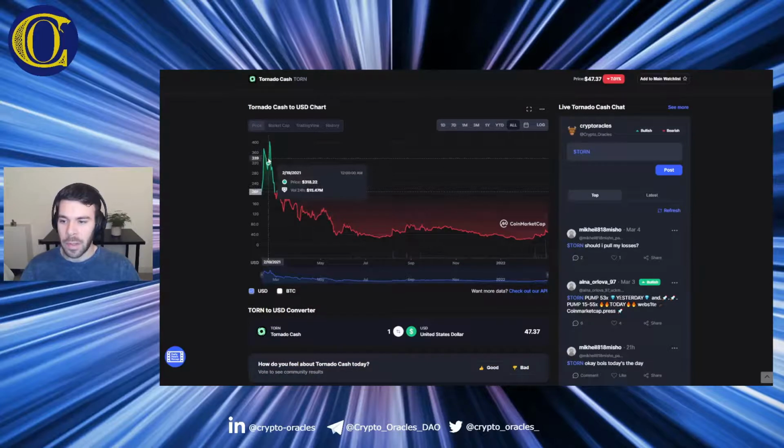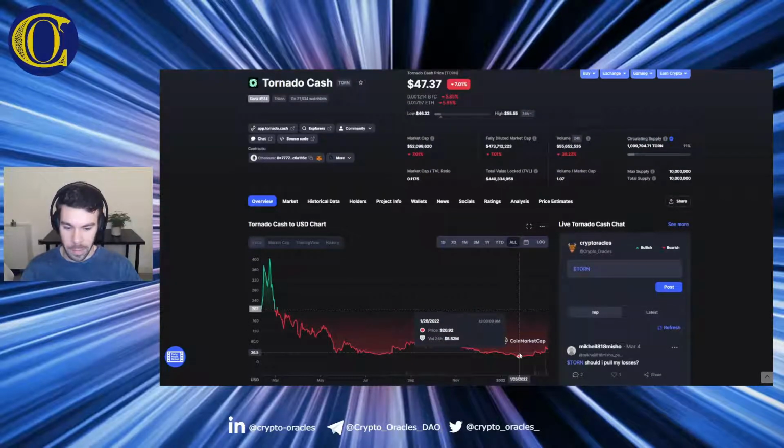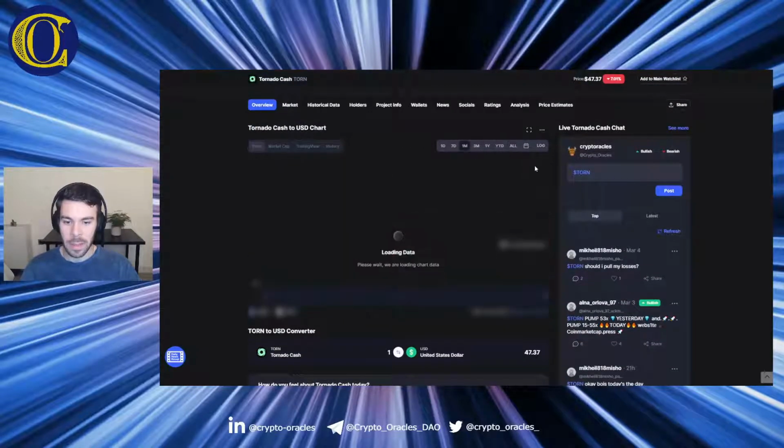If you look at the chart, when they launched, they were priced at $400, and I think their historical minimum was somewhere around $20 just a few months ago. As of today, it's trading at about $47 and recently spiked in the last month.